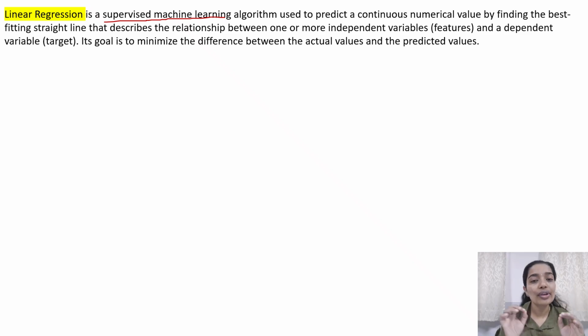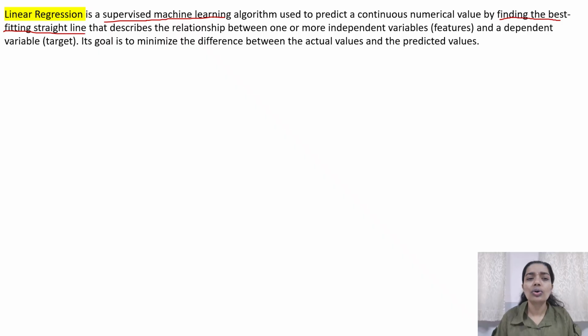So basically it is a regression algorithm, and the output of it will be a numerical value. Now, the very important concept behind linear regression. Every algorithm has some main concept behind it: kNN has the value of k, Naive Bayes uses Bayes theorem, and in SVM we study the concept of margin. Every algorithm has a concept which is unique to that specific algorithm. Here, the main concept behind this algorithm is finding the best fitting straight line.